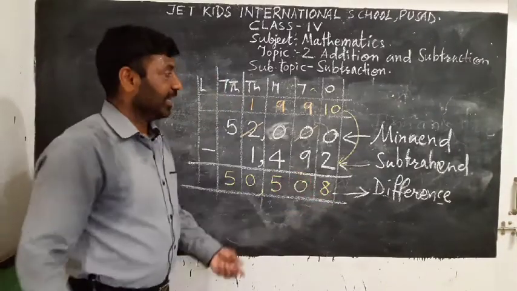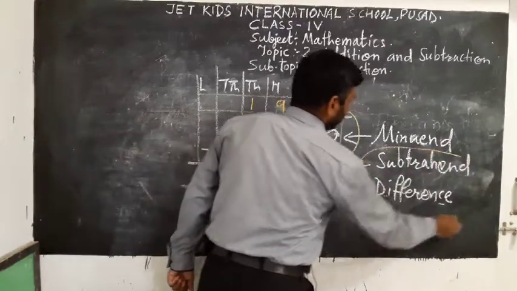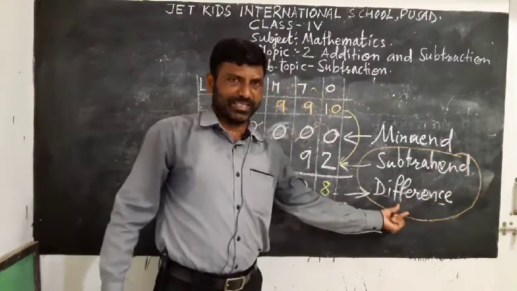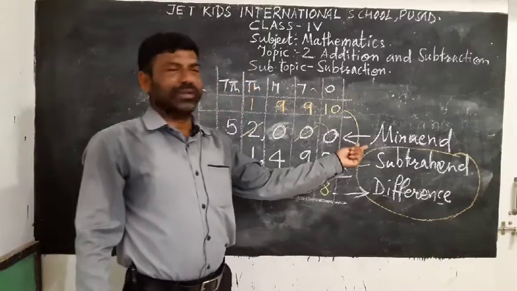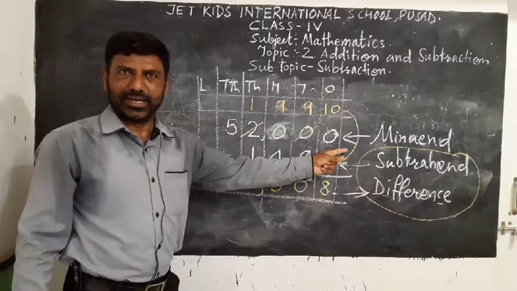How to check? If you add the subtrahend and the difference, you will get the minuend. And if you get the minuend, then you can say that your answer is right.